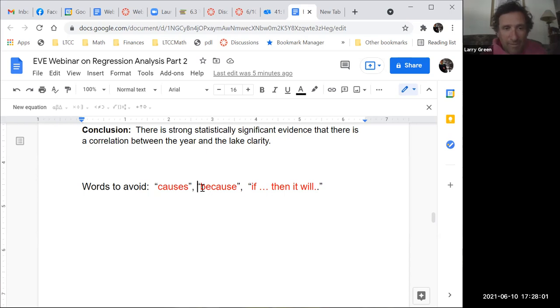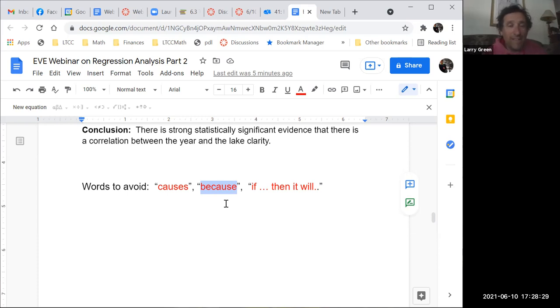Okay, and just note the word because. If you look at all but the first two letters, what do you see? It's not a trick question. Yeah, you see cause.